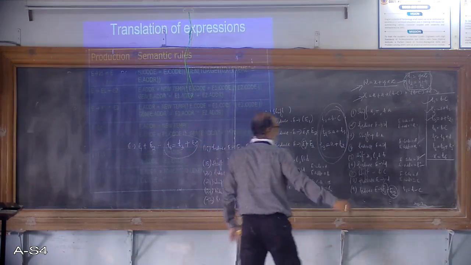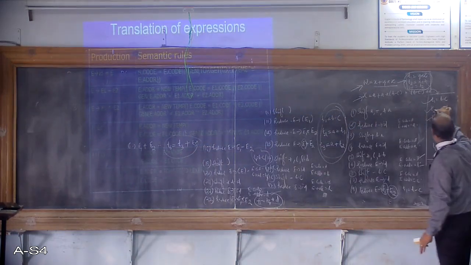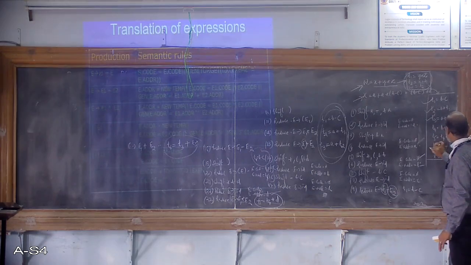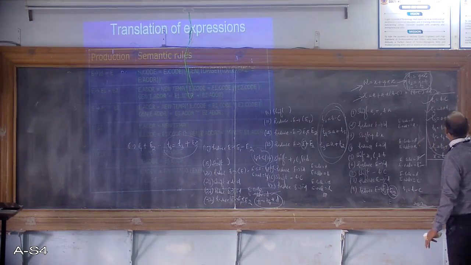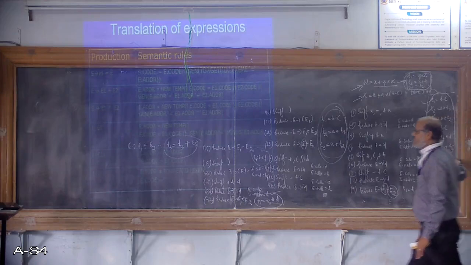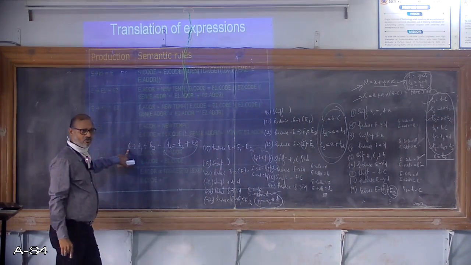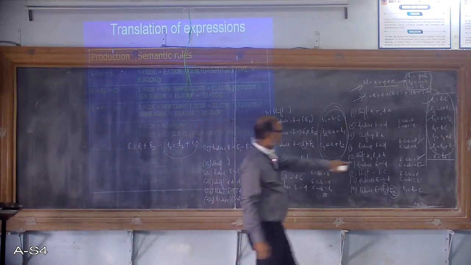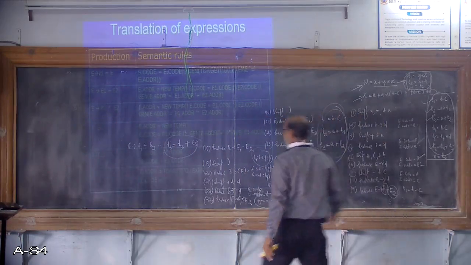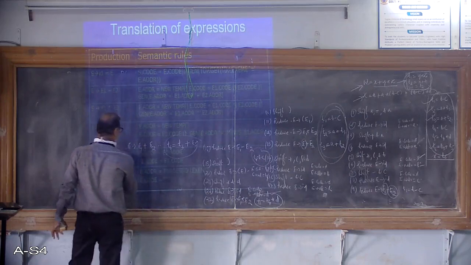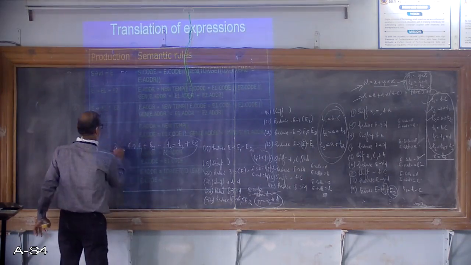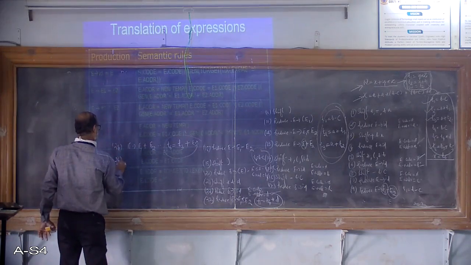I have these sequences 1, 2, 3, 4, 5, 6. So these are the sequence of three address codes evaluating the head of the production, that is E.code, and the value is in T6.